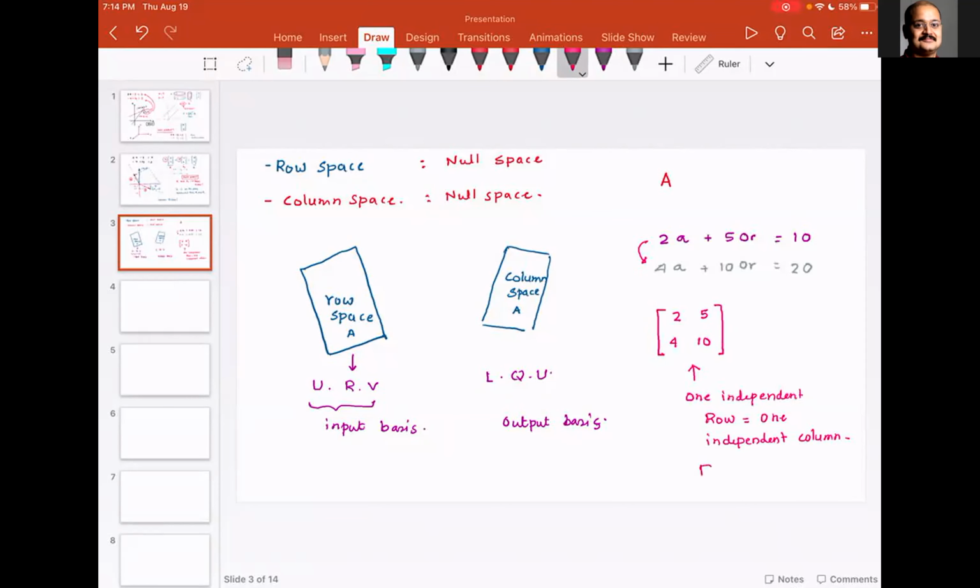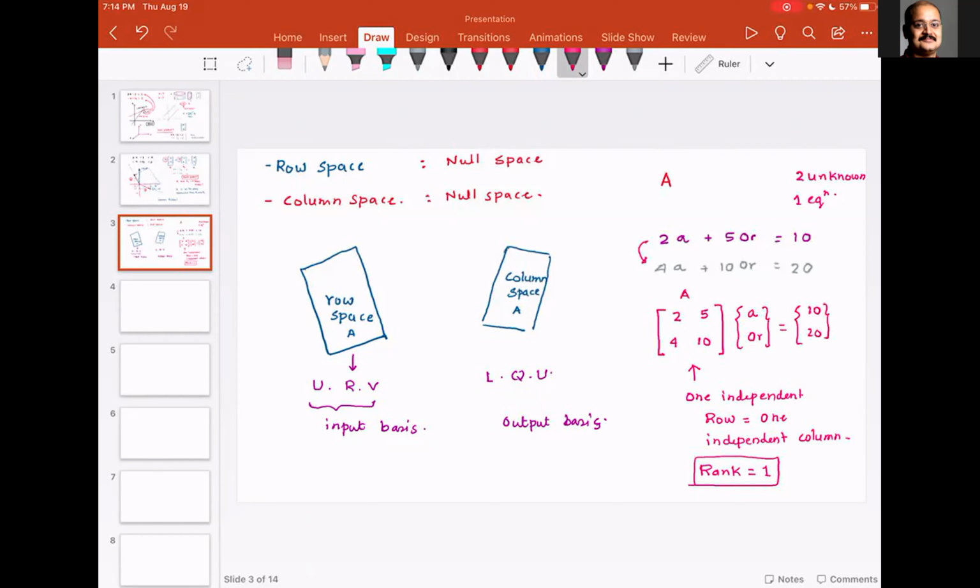This matrix has rank equal to 1. So this is a rank deficient matrix. What this tells me is that I have 2 unknowns and 1 equation, so I cannot solve this problem. In other words, even if I attempt using Matlab or something else to solve this problem, I cannot find the inverse of this A.